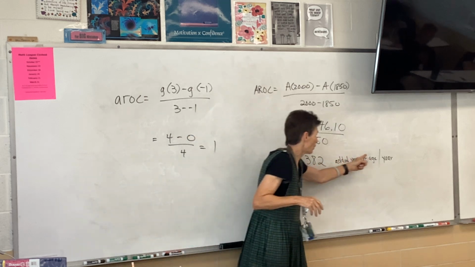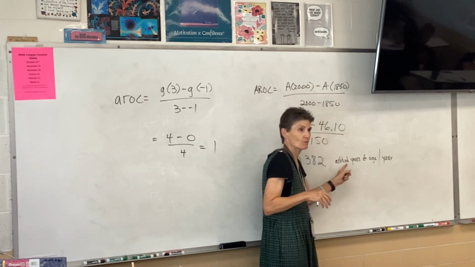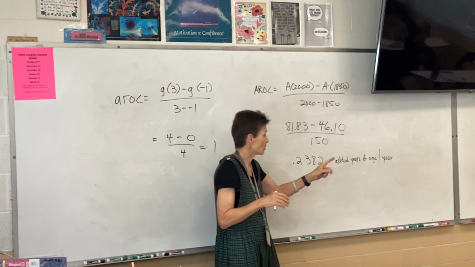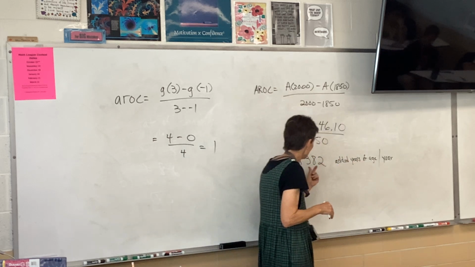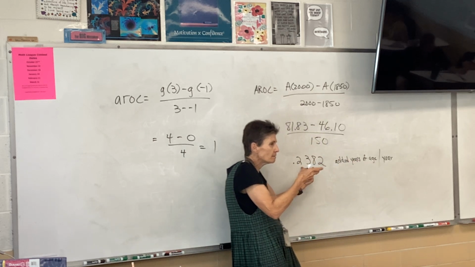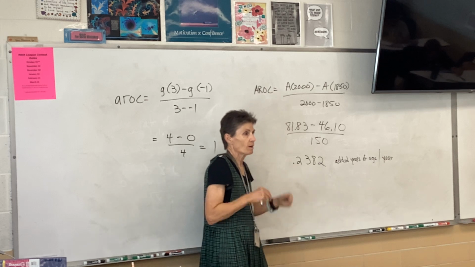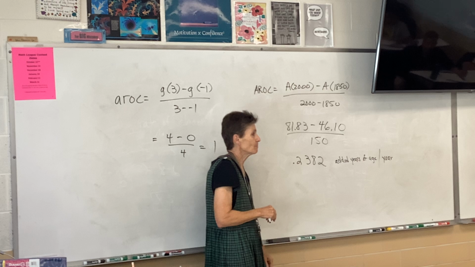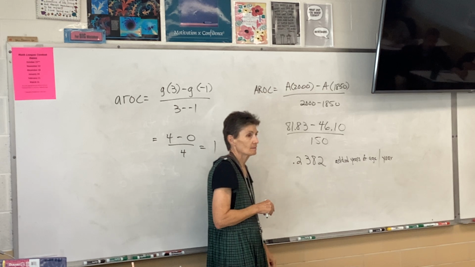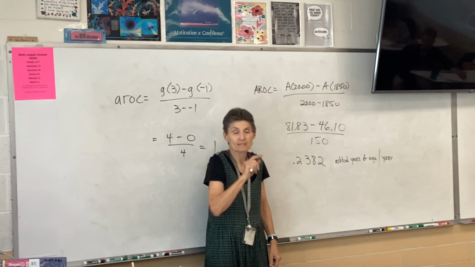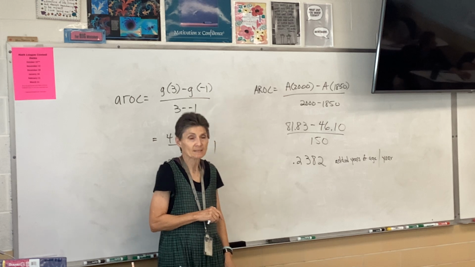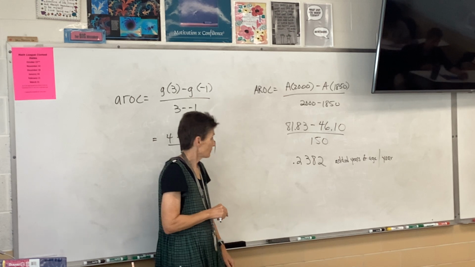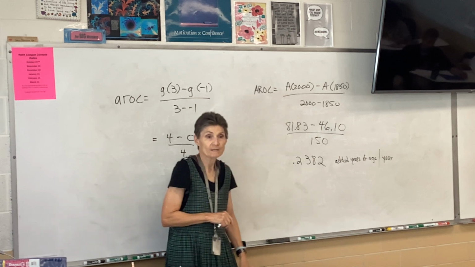This is kind of awkward, but we can't say years per year, that doesn't make any sense. So this is how much we're going to add on to our average age, like life expectancy, every year that passes. Every year the life expectancy increases by that much, by almost a quarter of a year.